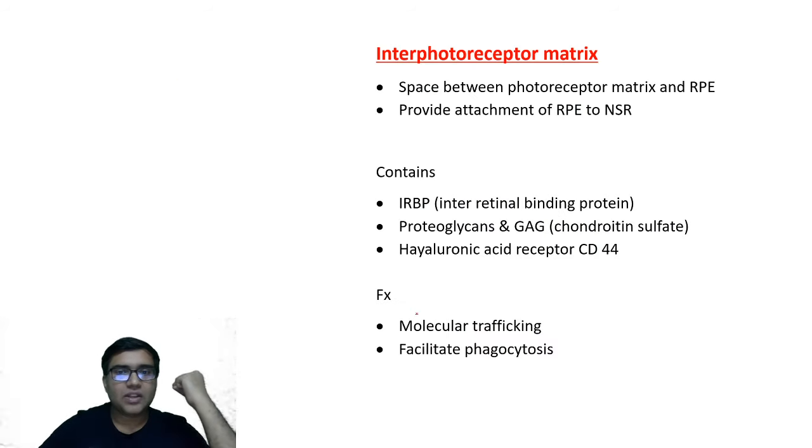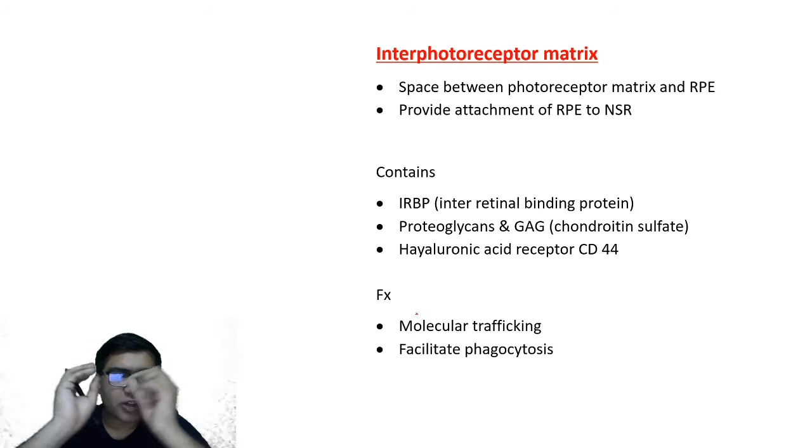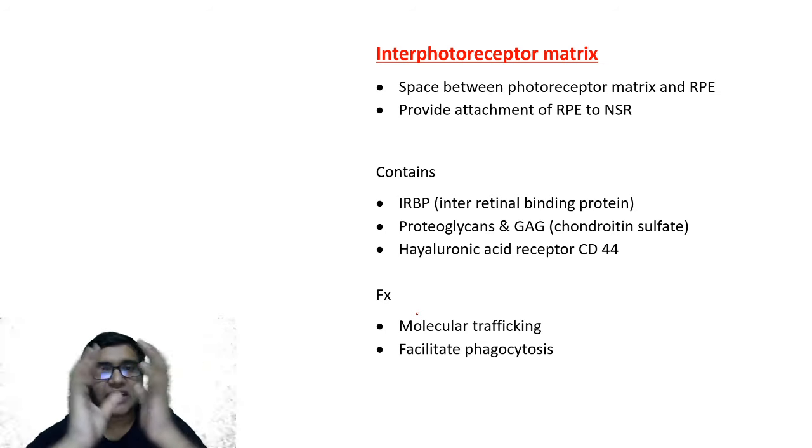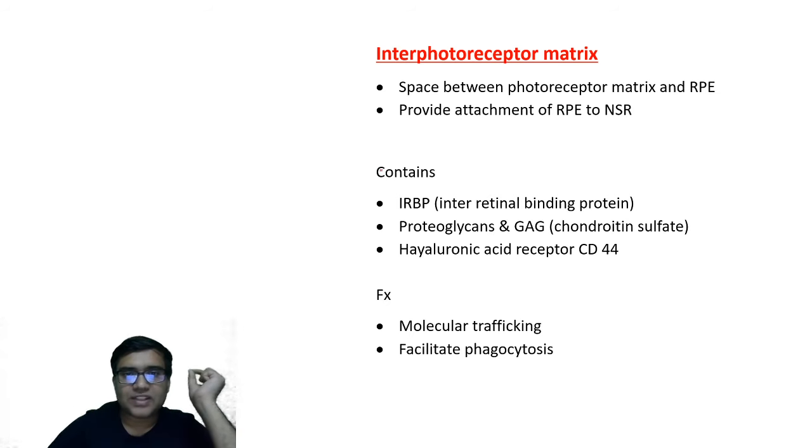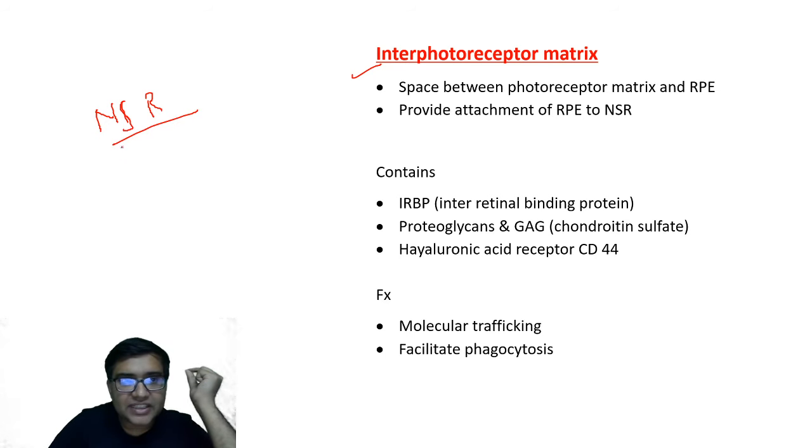Another important topic that was asked in the AIIMS exam and can be asked in JIPMER is the interphotoreceptor matrix. The neurosensory retina has a layer which touches the retinal pigment epithelium.